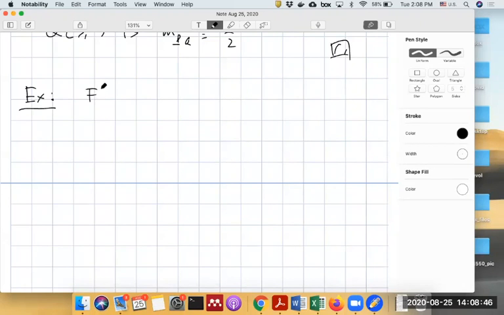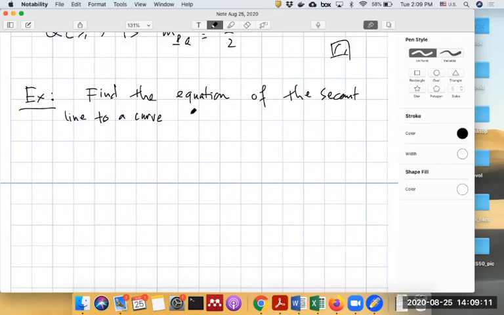Now find the equation of the secant line to a curve y equal to x squared plus 1 with intersection points.